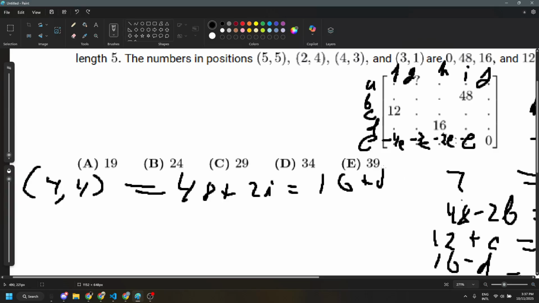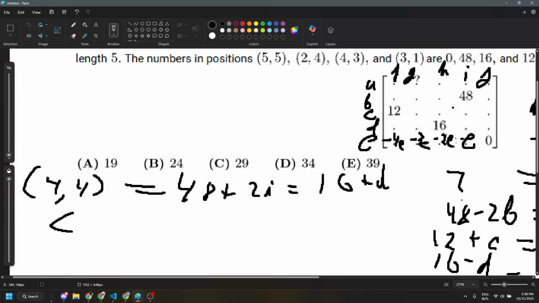But because these are different variables, we can't deduce anything. Oh, but we can get a relationship between these two, I think.